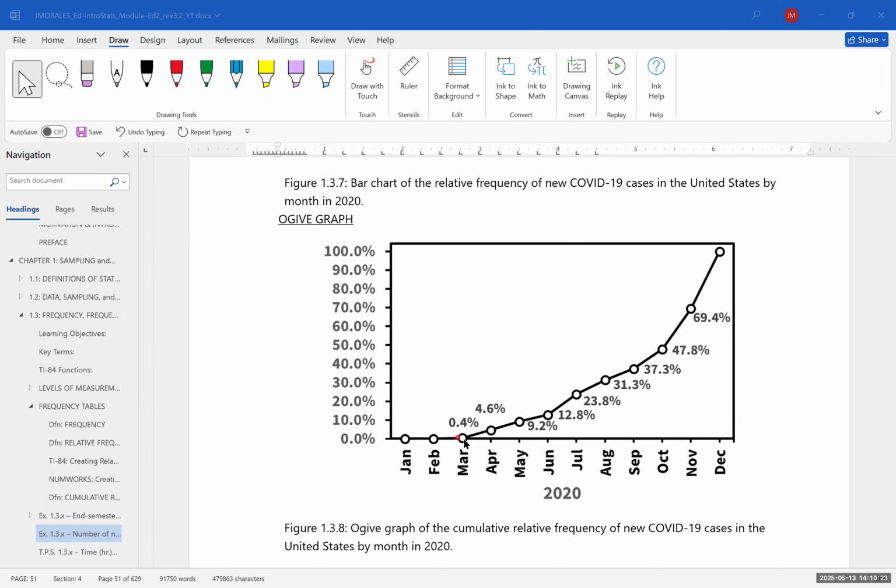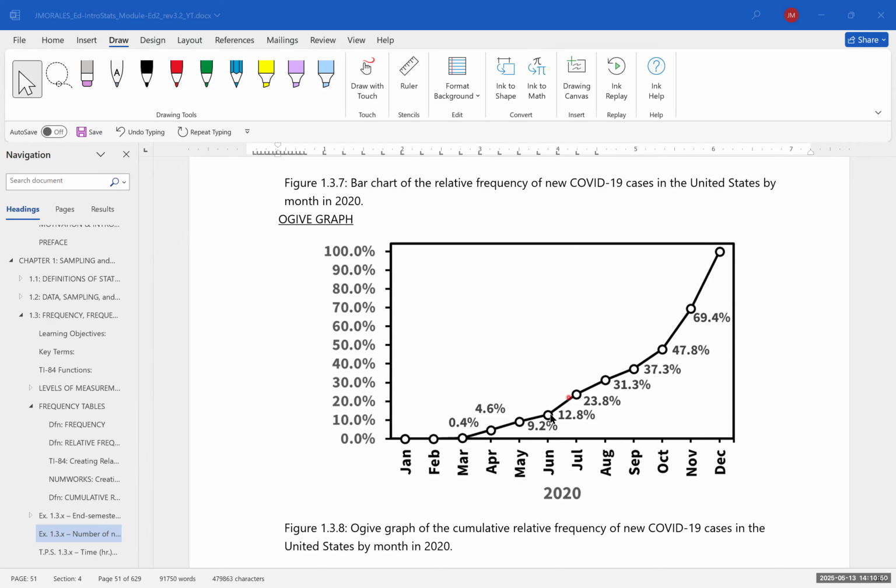From March to April, there's a little bit of an increase. From April to May, a little bit of an increase. May to June, a little bit of an increase. But you can see here the slope of this line is visibly steeper, which means there's more of a height change, more of an increase to get from June to July.